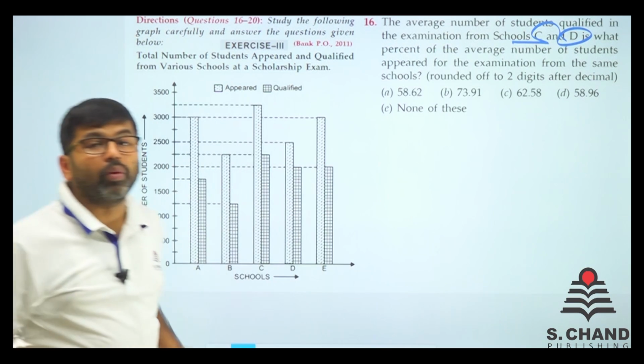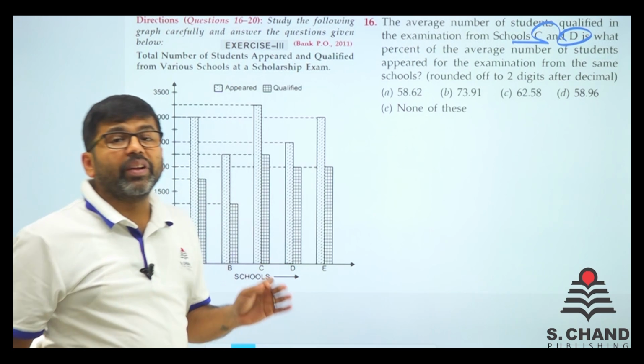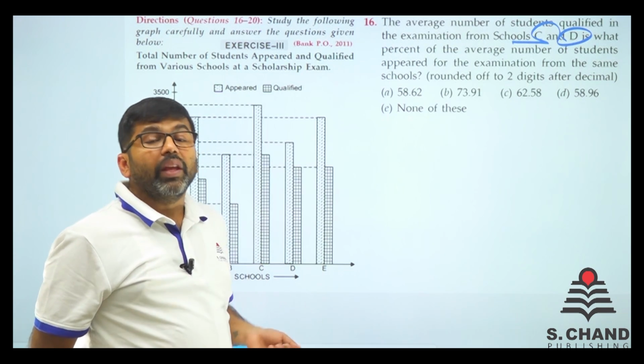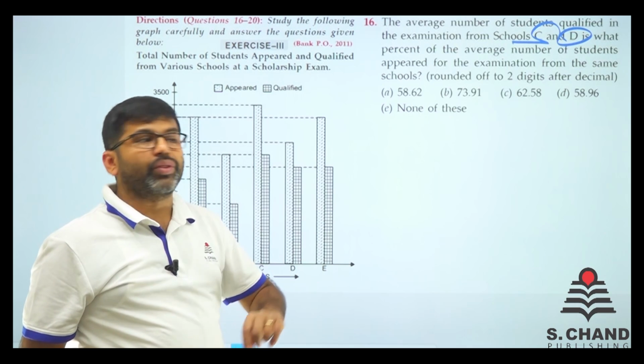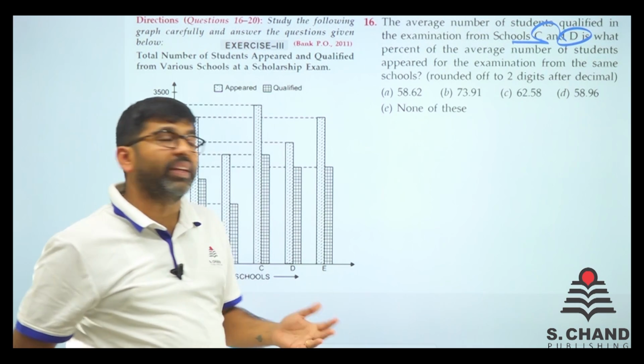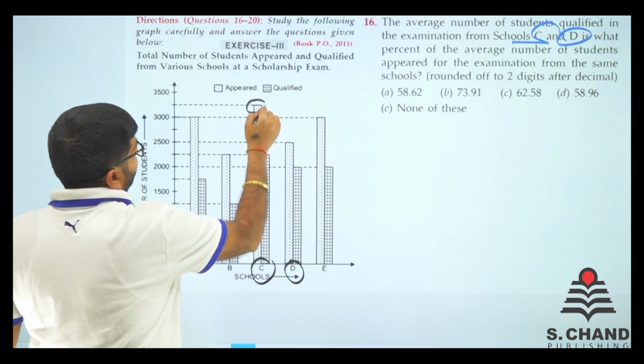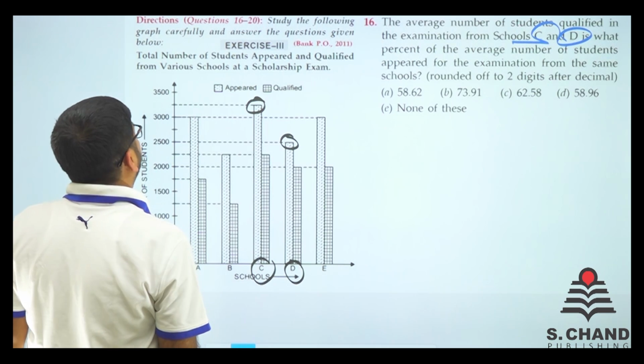So you need to calculate, first, the average number of students appeared for the exam from C and D, and the average number of students qualified in the scholarship exam from C and D. So this is school C and this is school D. First calculate the average number of appeared students.